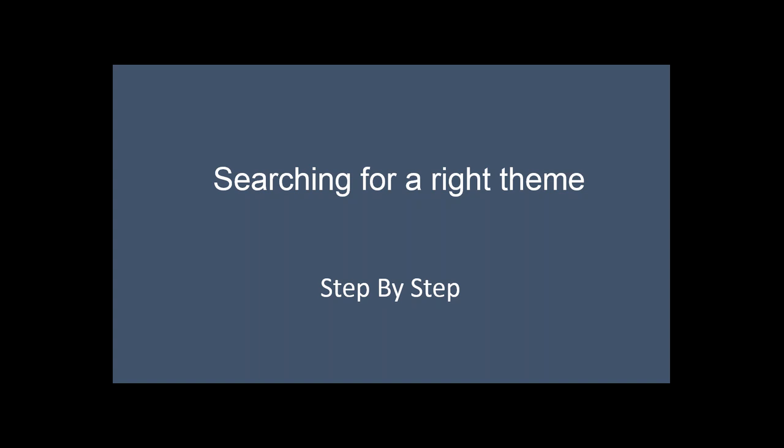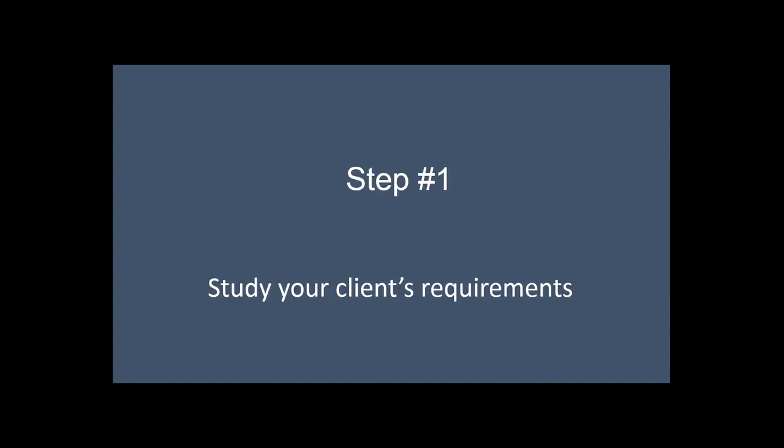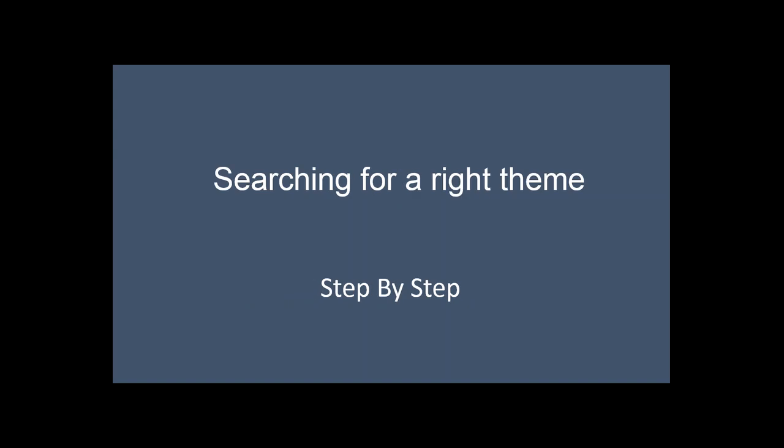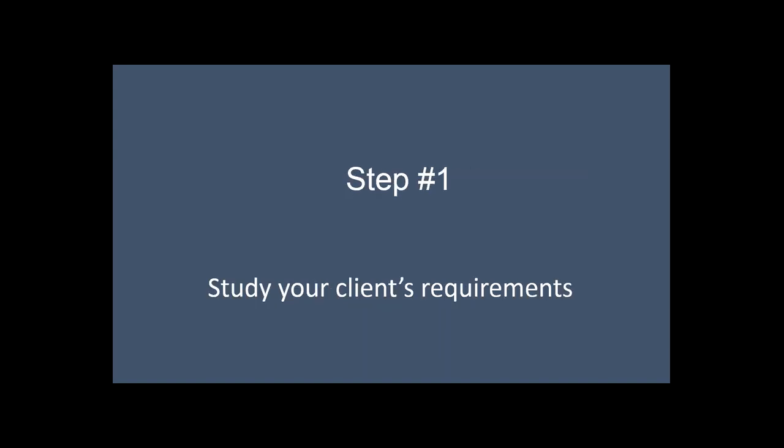All right, so now how you can search for good themes, what are the elements of a good theme. So how you can search. Number one, study your client's requirement. It's really important to understand what your customer wants.